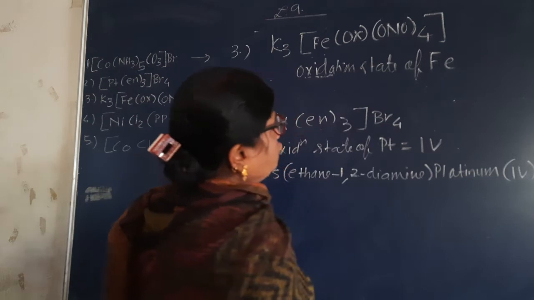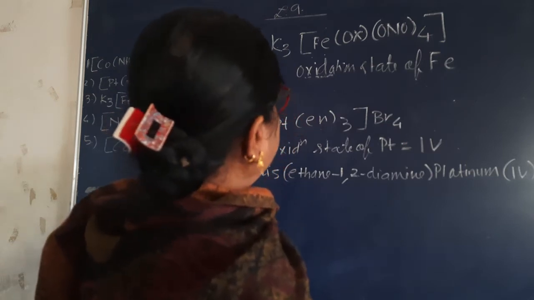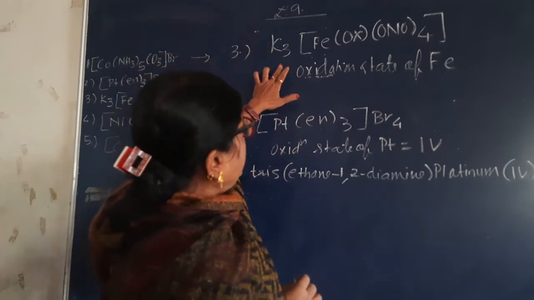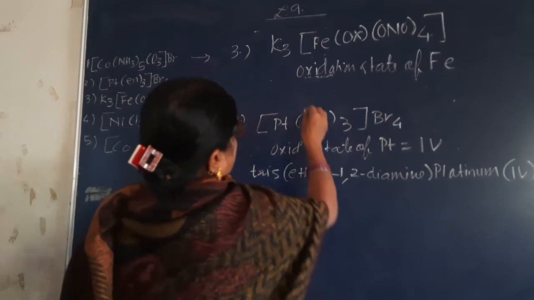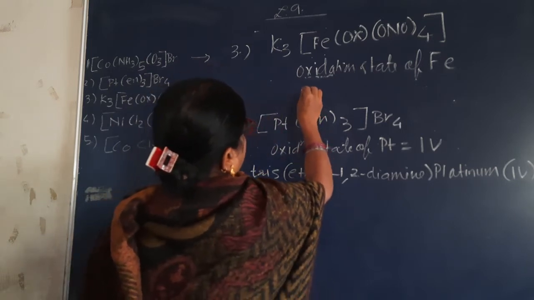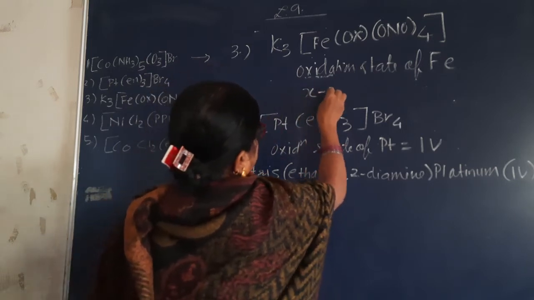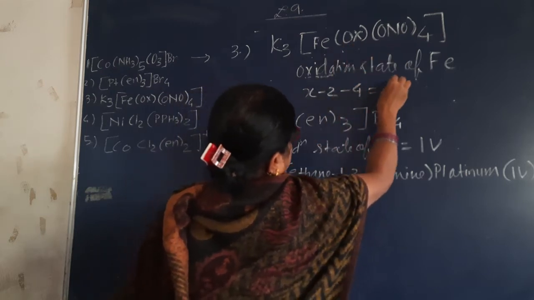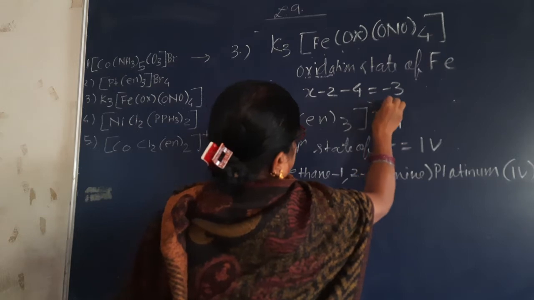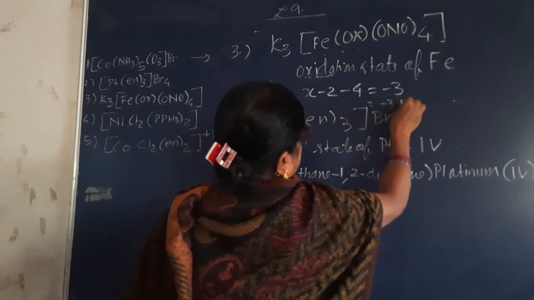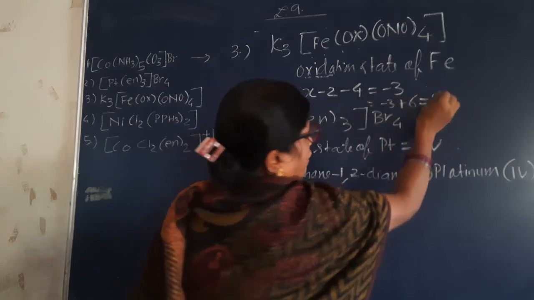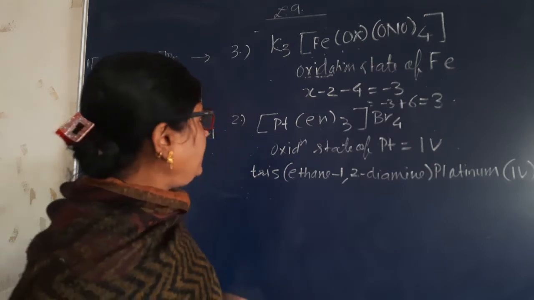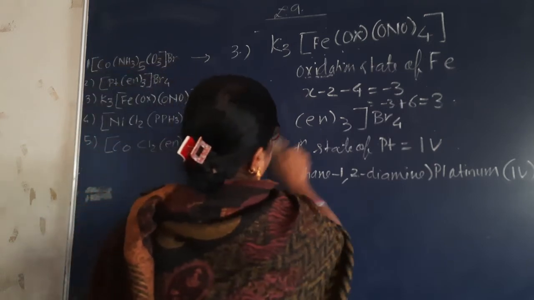So x - 2 - 4 is equal to -3. So x is equal to -3 plus 6, which is 3. So the oxidation state we got here is 3. The oxidation state of iron will be 3.